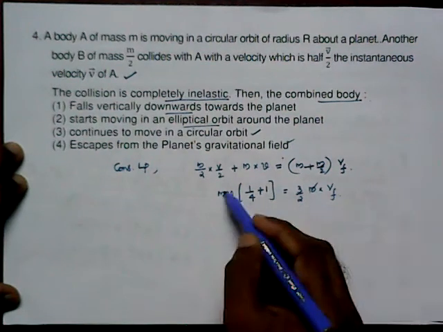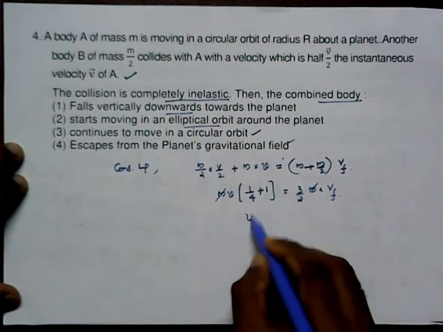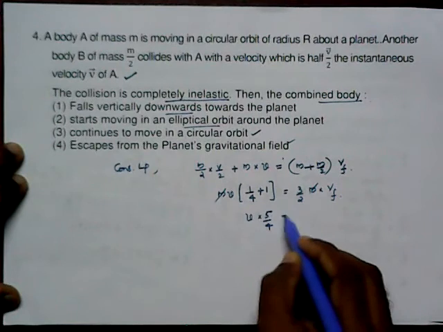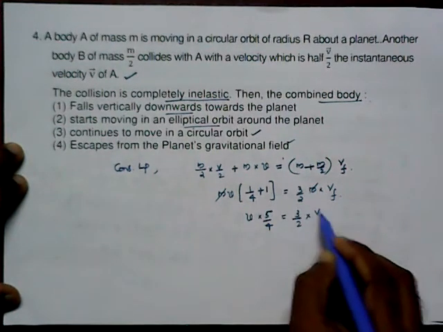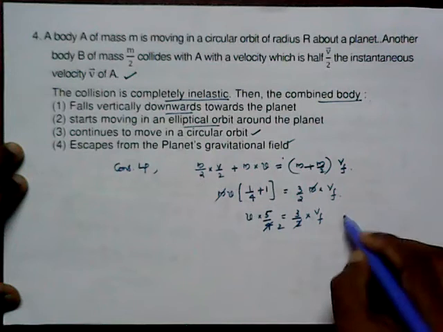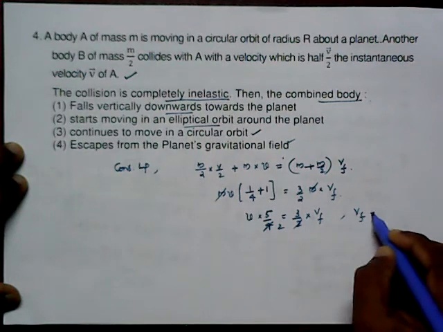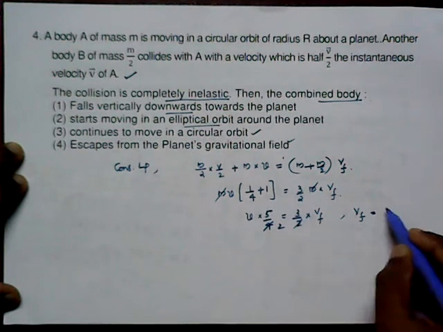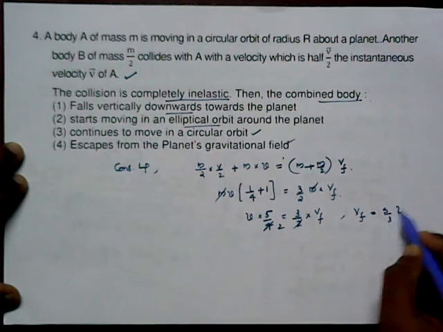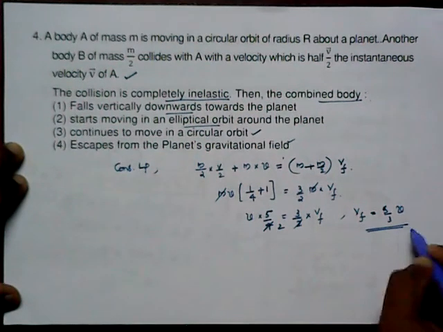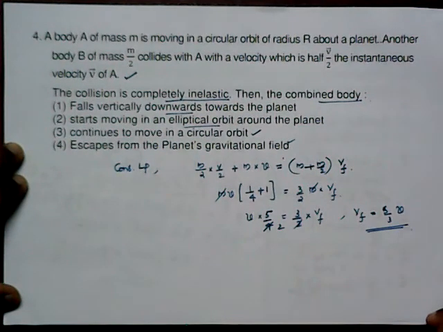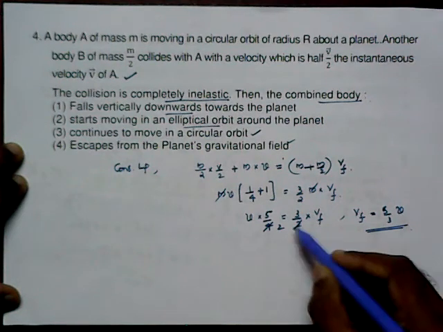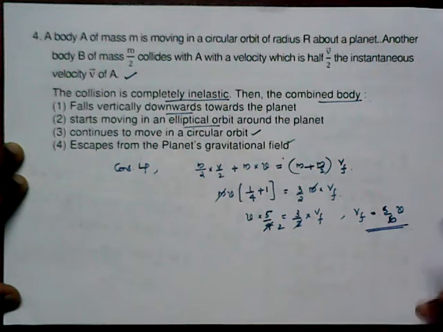Here m cancels, so v into 5 by 4 is equal to 3 by 2 into vf. So you get vf equal to 5 by 6 times v.